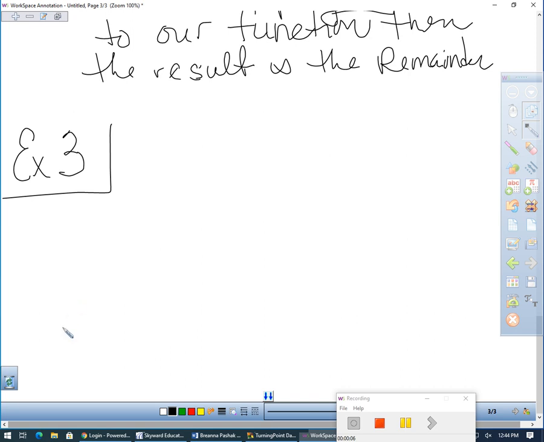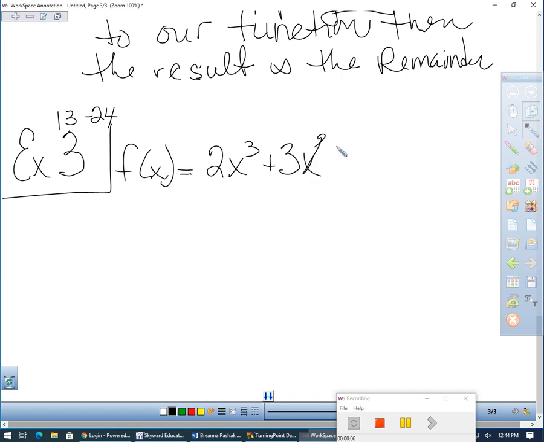This is really what you are doing for 13 through 24. All right, so maybe you're given f of x equals 2x to the third plus 3x squared minus 7x minus 10, and I want to know where k equals 3.